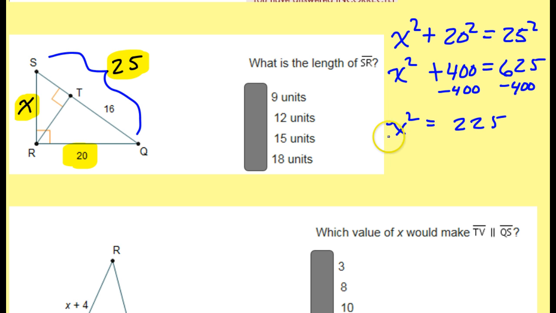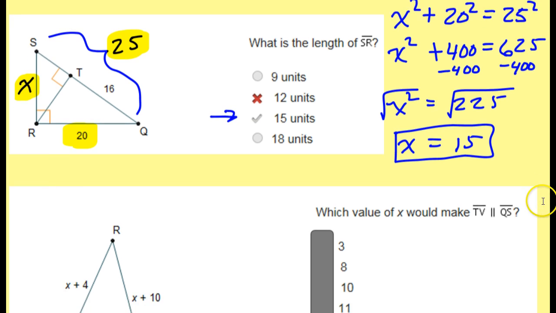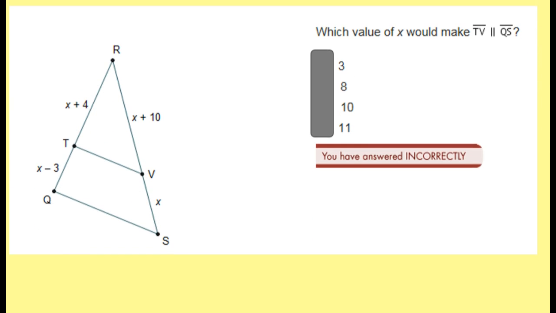Then if we take the square root of both sides, that's going to be 15. So that should be the length of SR, which is 15. That was a pretty involved problem. It took two stages, so it might take a little bit of practice. You might want to go back and redo that one by yourself to make sure you really have it down.